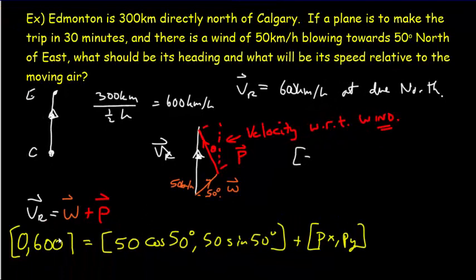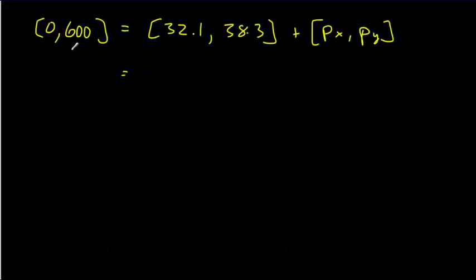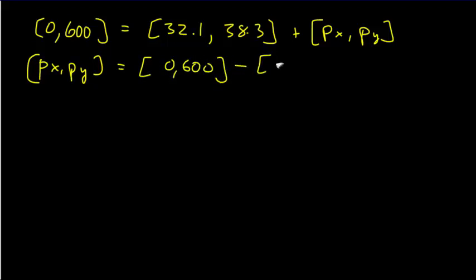Okay, so let's do the math. 50 cos 50 turns out to be 32.1. 50 sin 50 turns out to be 38.3. This is Cartesian components, so the math is really easy. That means my px and py have to be equal to 0 minus 32.1. So that means that I can isolate this px, py on one side of the equation, and on the other side of the equation I'll get 0, 600 minus 32.1, 38.3.